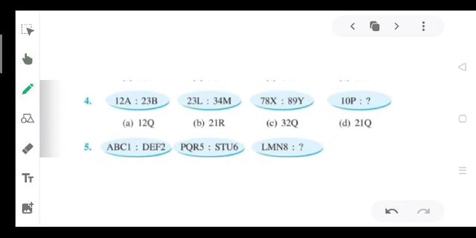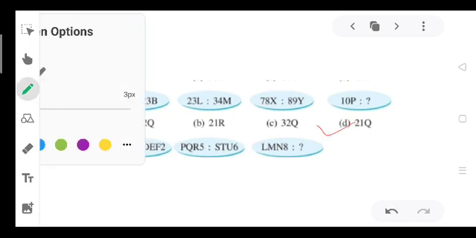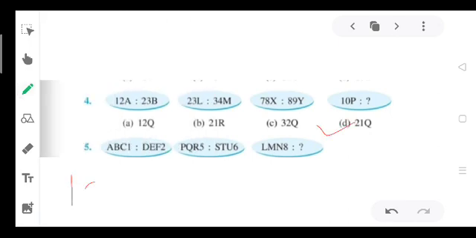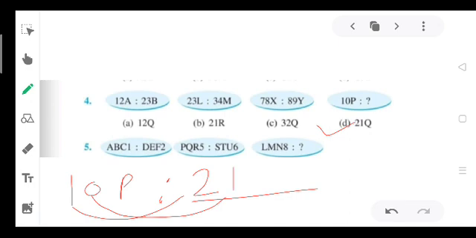So we will tick on D. How? 10P. This we have to find out. And the relation we know is first digit and then we have to write next. What comes after 0? 1. Then what comes after P? Q. So our answer is 21Q. Yeah, 21Q.